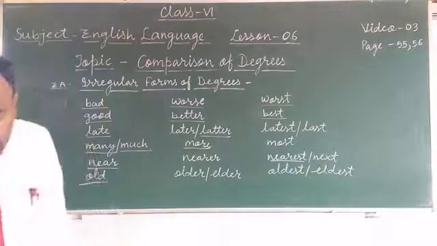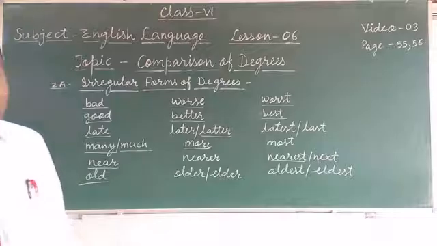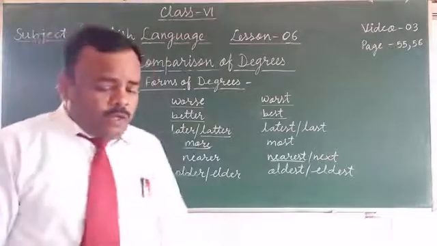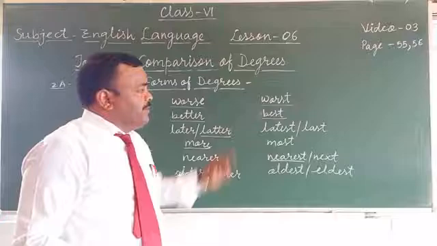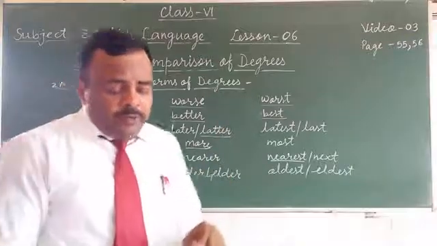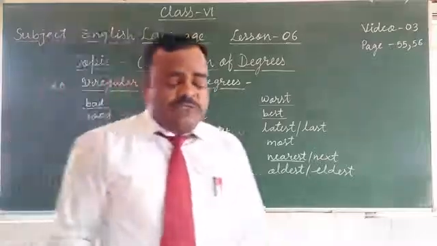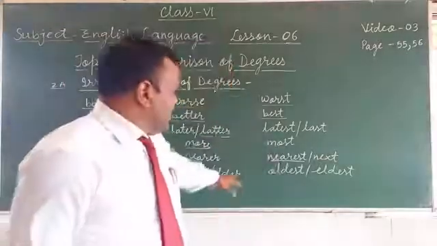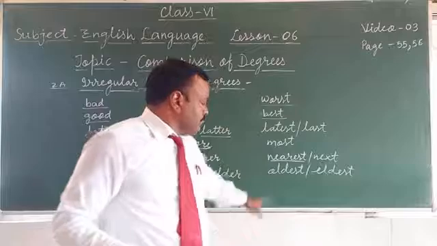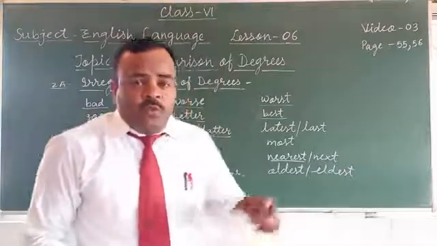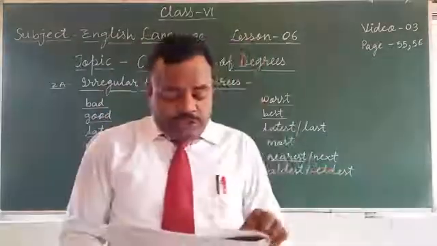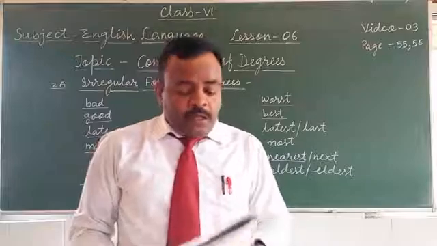Now we will study some confusing adjectives. So come at page number 55. Open your book at page 55. Nearest and next. Here I have written nearest and next. Where they are used, you have to learn this.